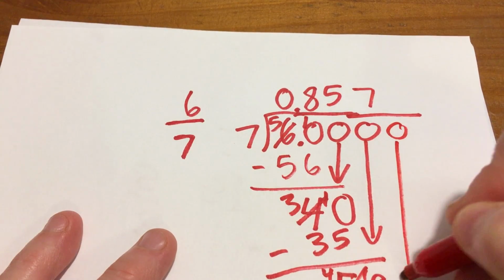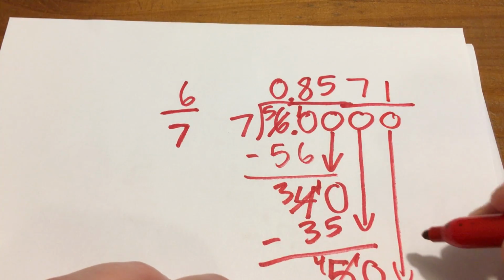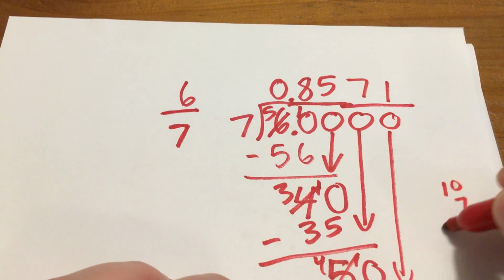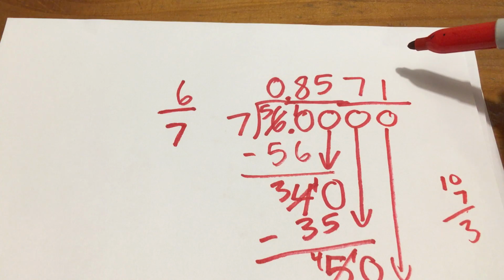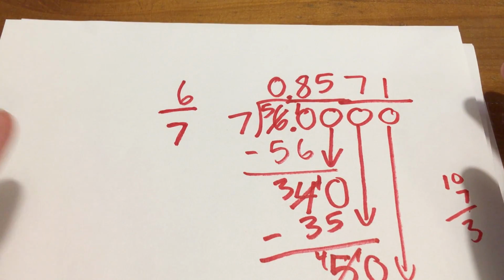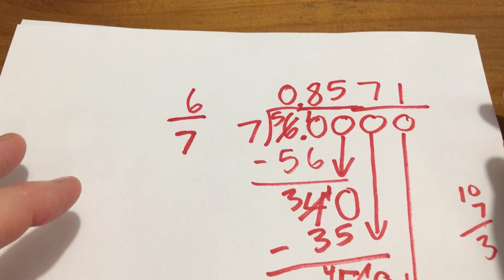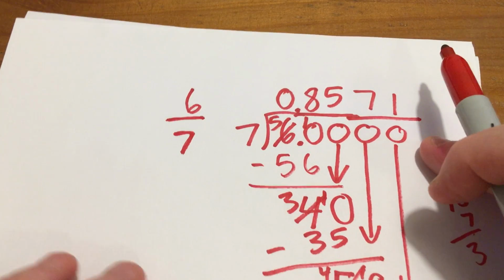Bring down another 0. Can 7 go into 10? Yes, it can. 1 time. We'll go over here, which is 30. And we would keep going either until it repeats or until you have your answer. Okay? So that is how you turn fractions into decimals.